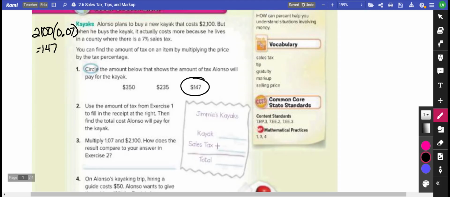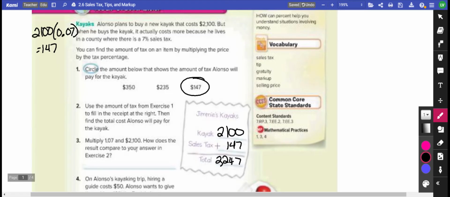Well, if the kayak costs $2,100 and the sales tax is $147, we're going to add that and get the total of $2,247. So for number 3, it says multiply 1.07 and $2,100.